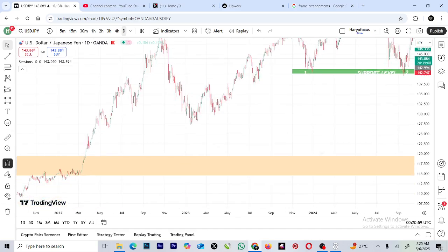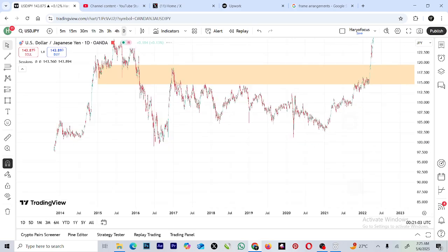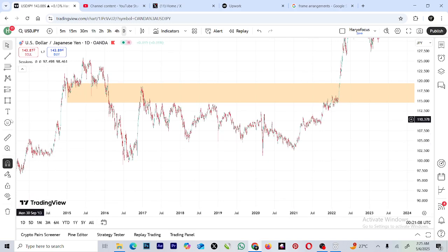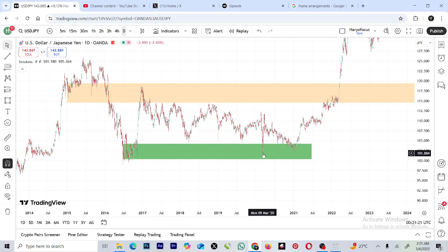So here let's look for another support level. This is another support level from here to here. This leg one, leg two, leg three support level.